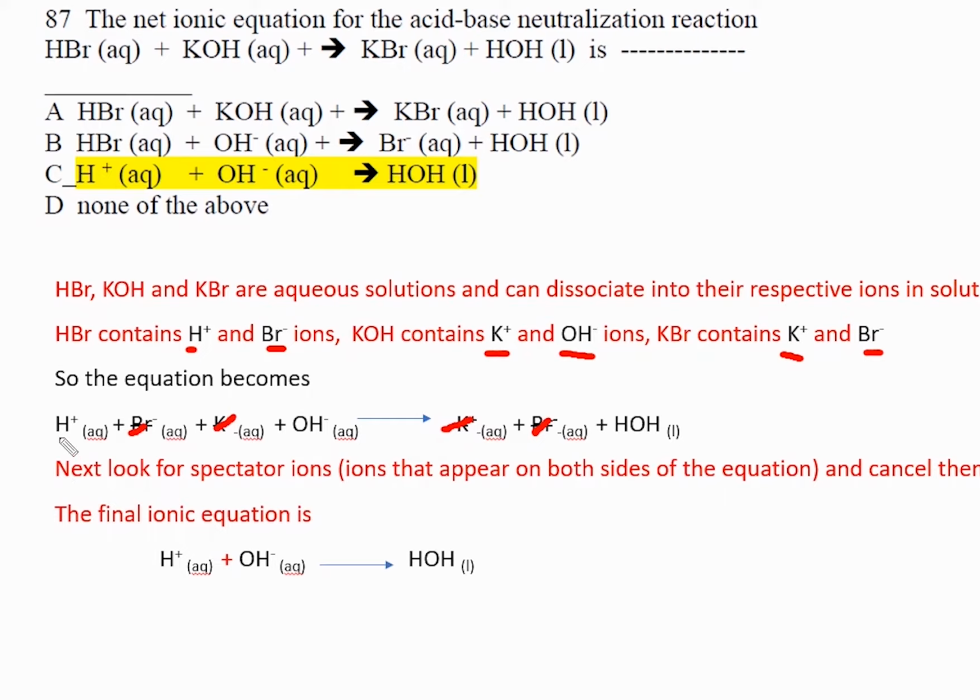Then we remain with the hydrogen and the hydroxyl and the water, which was in liquid form, and it's molecular, so it cannot dissociate into its respective ions. So the final equation will be hydrogen plus hydroxyl to form water.